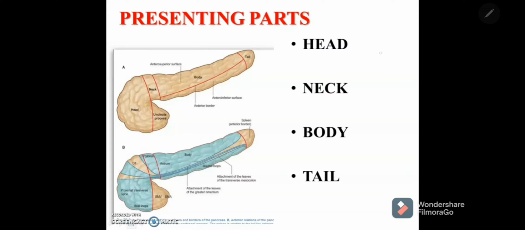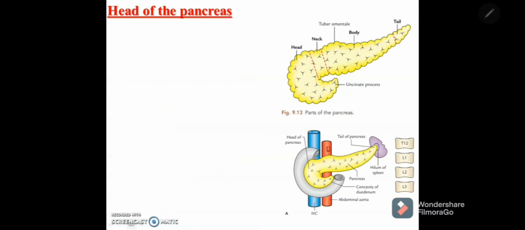And already we have discussed the parts: head, neck, body and tail from right to left side. So let us see the relations of each part of the pancreas in detail with their respective presenting parts.